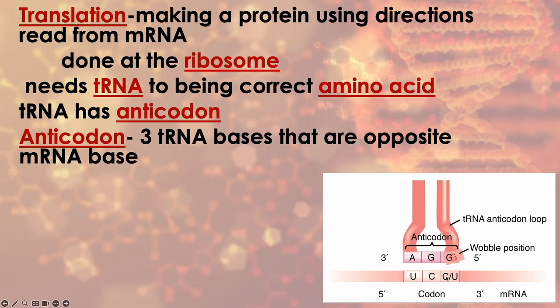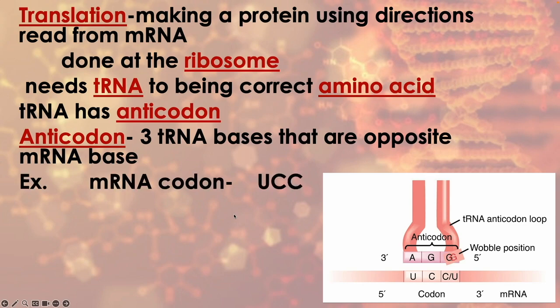So these 3 bases ensure that they're going to actually fit in the right place on the mRNA. Because if this were a C here on the anticodon instead of an A, it wouldn't be able to fit into this place that the codon has. The pieces wouldn't fit together.